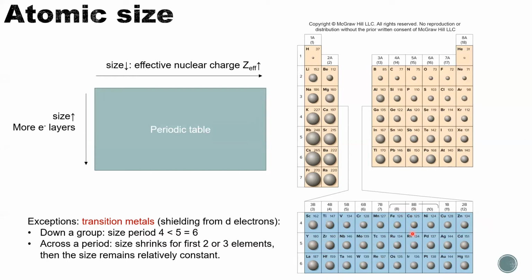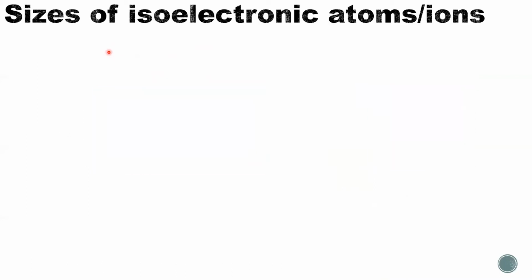The exceptions of atomic size are transition metals. For all of the trends I mentioned in this video, you need to understand them, remember them, and answer questions about the trends if there are any. Since we talked about the effective nuclear charge and how that can affect the size, you are expected to compare the relative sizes of isoelectronic atoms or ions.